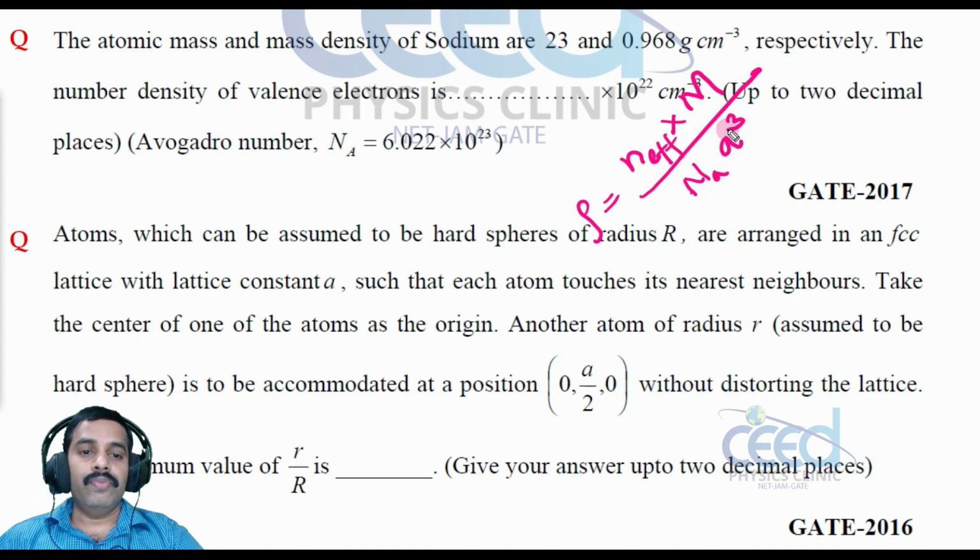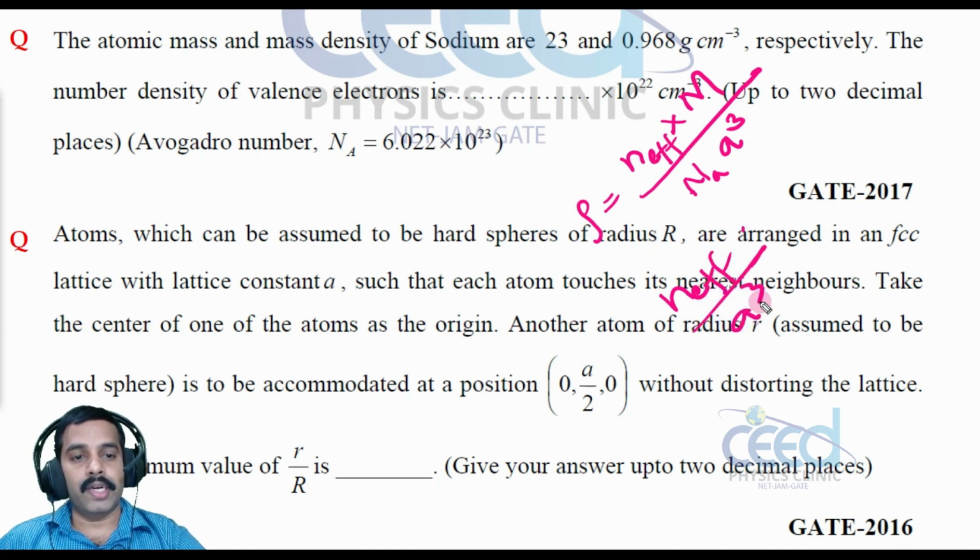And we need to find the number density, the effective number of atoms per volume. So we can form an equation from it: N effective divided by a cube, that is the number density, is equal to rho Na divided by M.